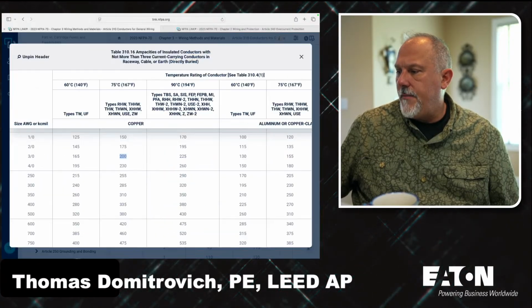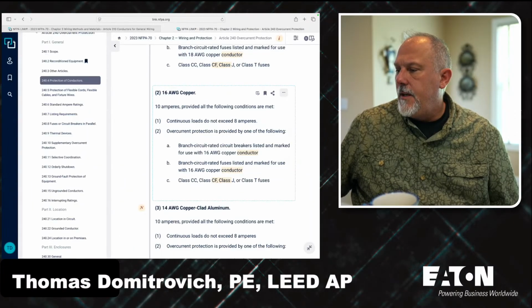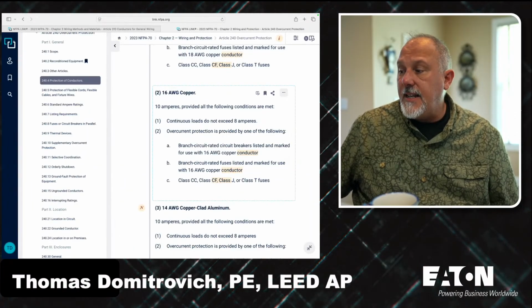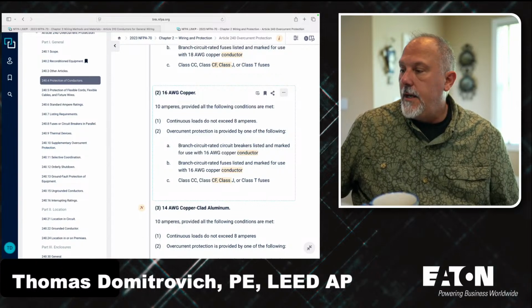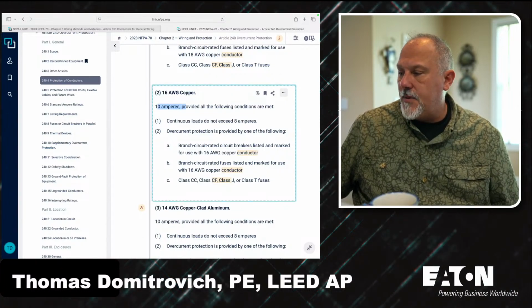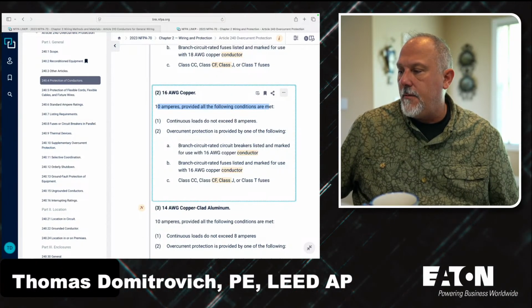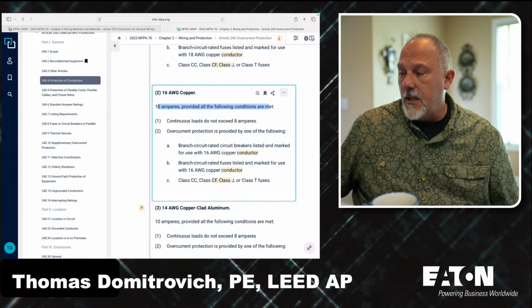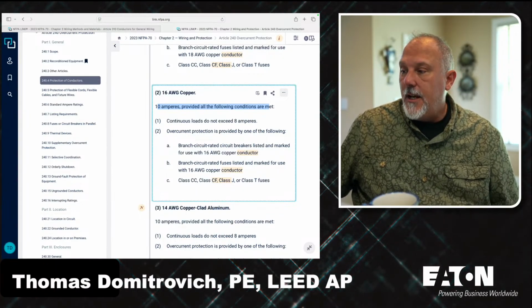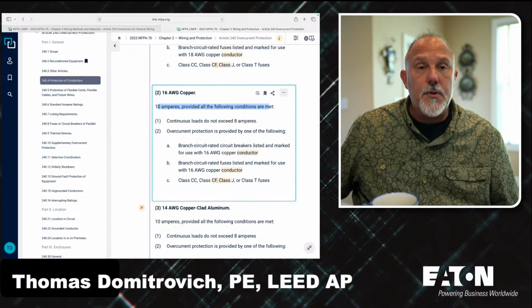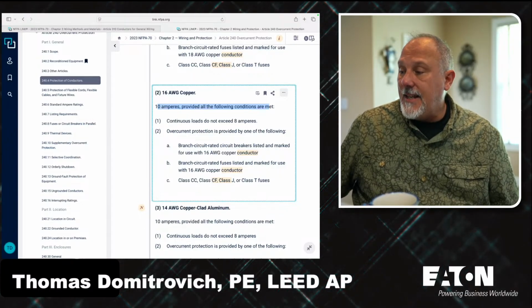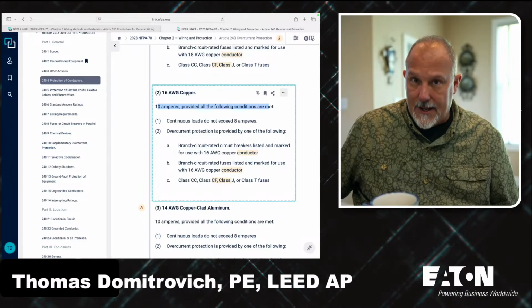I'm going to do two things. I'm going to grab 310. So this tells us that a 16 gauge copper, it says 10 amps provided the following conditions are met. The continuous loads can't exceed 8 amps. Now what this is telling you is that you need to protect a 16 gauge copper at 10 amperes.